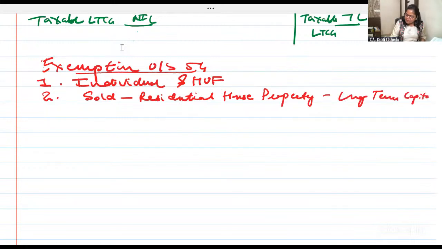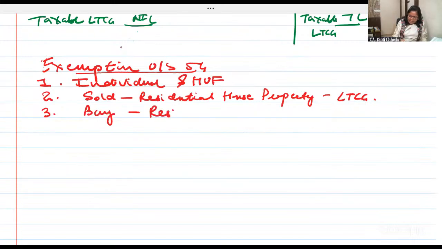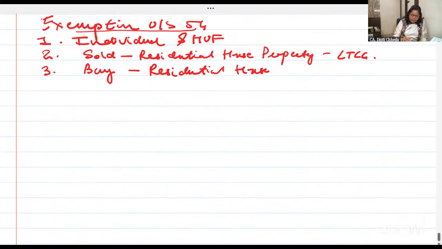It will be available in that only. You can write long-term capital gain on sale of residential house. What you have to buy? Buy residential house. Sell the house, buy the house. Fourth one is time limit.